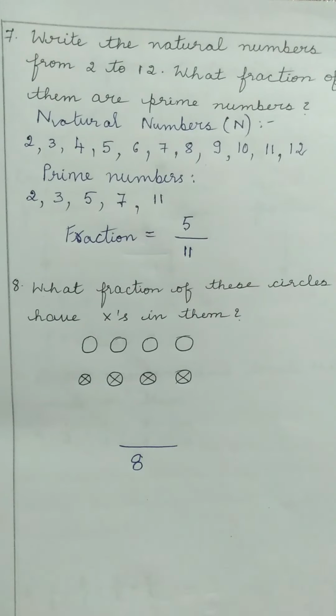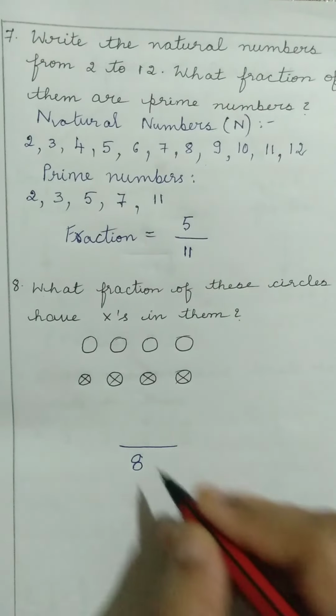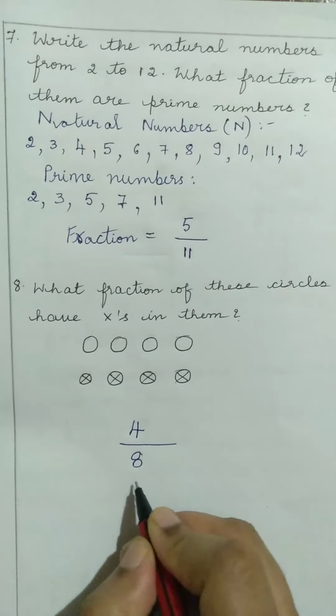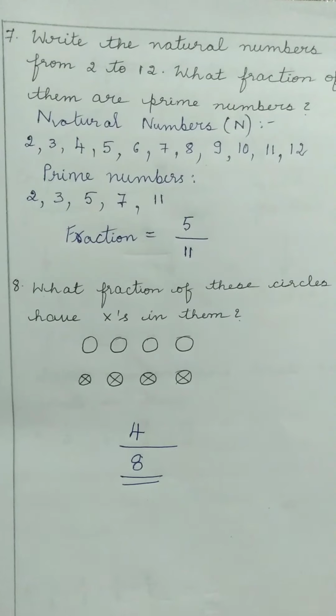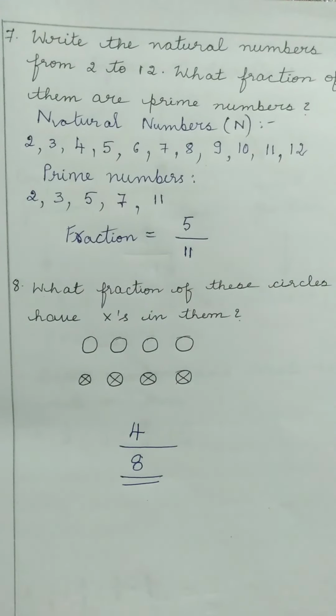Out of these 8 circles, the x circles are 1, 2, 3, 4. That 4 is written in numerator. Therefore, the fraction of circles having x in them will be equal to 4 divided by 8, or 4 by 8.